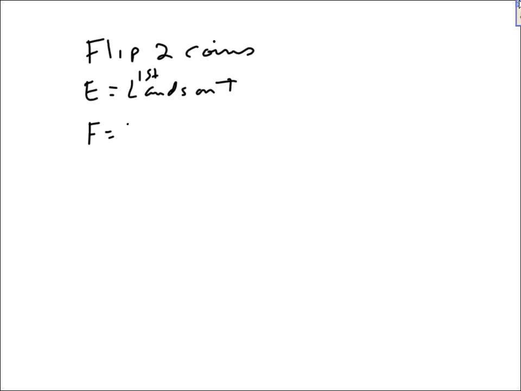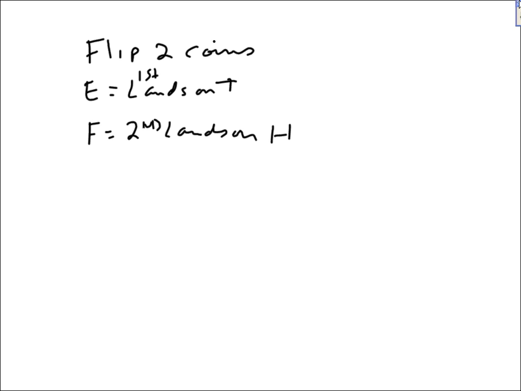Suppose you flip 2 coins. Do a very similar one. Flip 2 coins. E is the event that the first lands on tails. And F is the second coin lands on, say, heads.